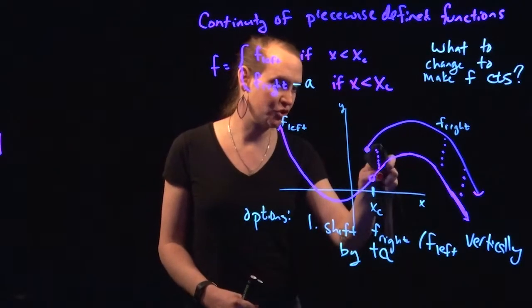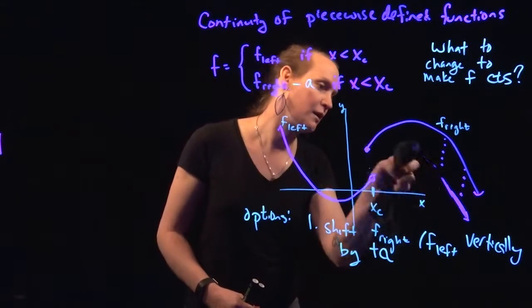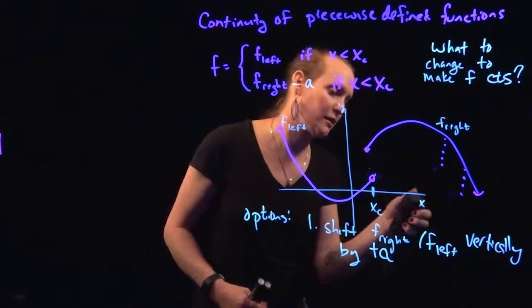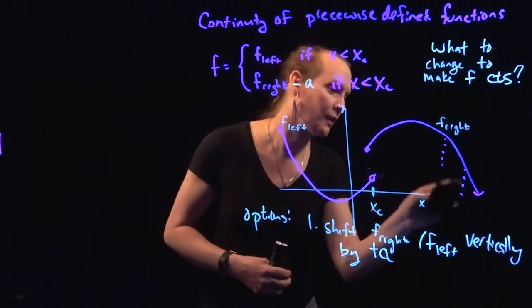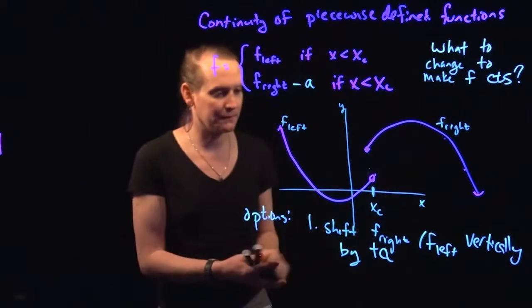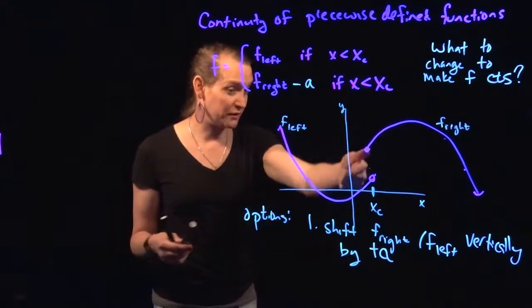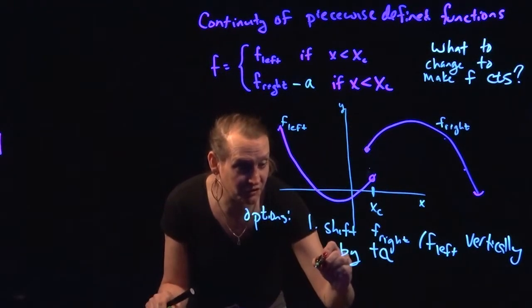So option 2 is to go and figure out where they cross and change x sub c to be that.